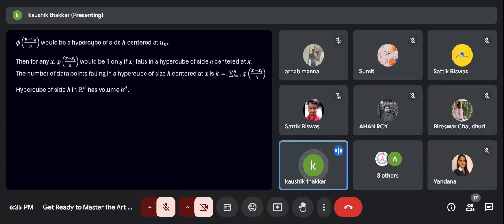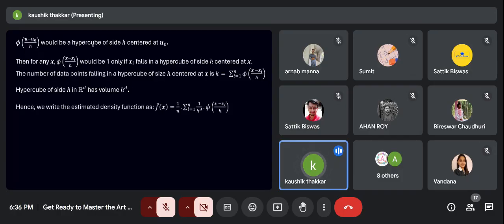So ultimately what we are trying to do is fix a volume that is h to the power d, and calculate the number of sample points, or training points, that are there in that particular area centered around x. And what is this x? This is the point where we are trying to evaluate the density, right?